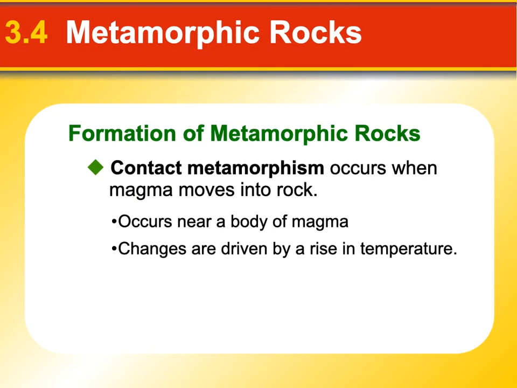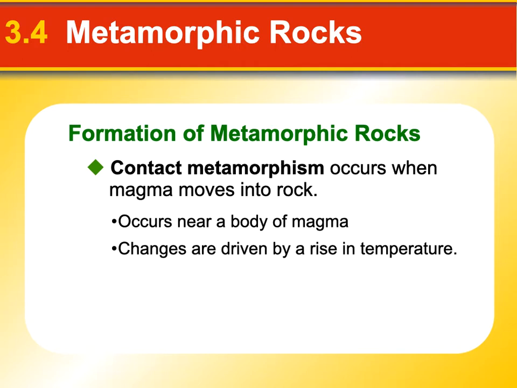So the first type of metamorphism, which you'll want to kind of keep looking here at your quiz. You've got two choices here. This will help you with the first one. Contact metamorphism happens when magma moves into rock. So you've got a bunch of rock underground, and you've got a big chamber of magma. And as the magma pushes its way up, say it's not going to erupt, it just melts its way up through, the rock around the outside of the chamber that's not melted metamorphoses.